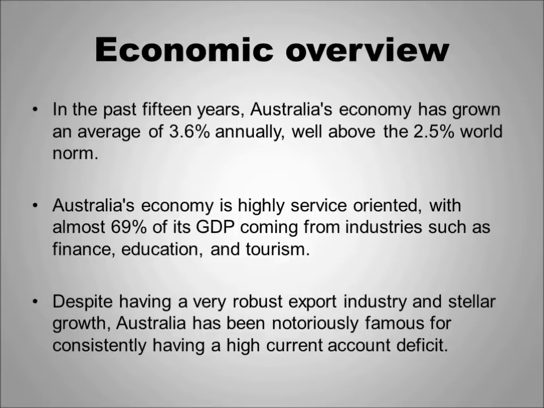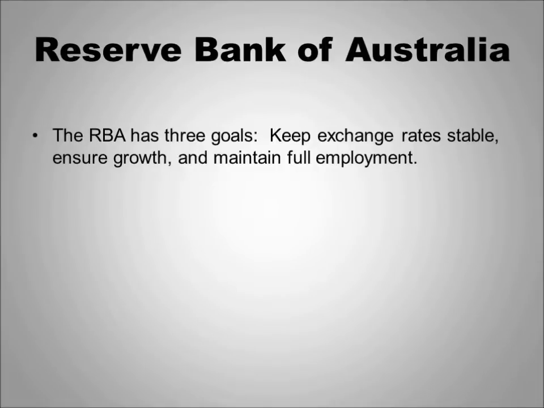Also, even though they have a robust export industry and stellar growth, Australia has been notoriously famous for consistently having a high current account deficit. So, just a little bit of good and bad about the Australian economy. It's been successful over the years, but there are still some flaws with the Australian economy.